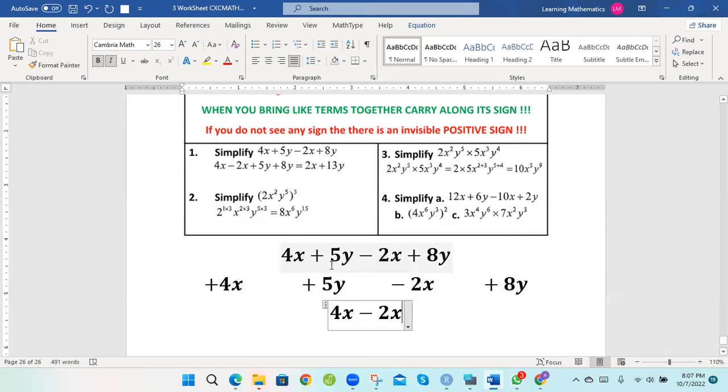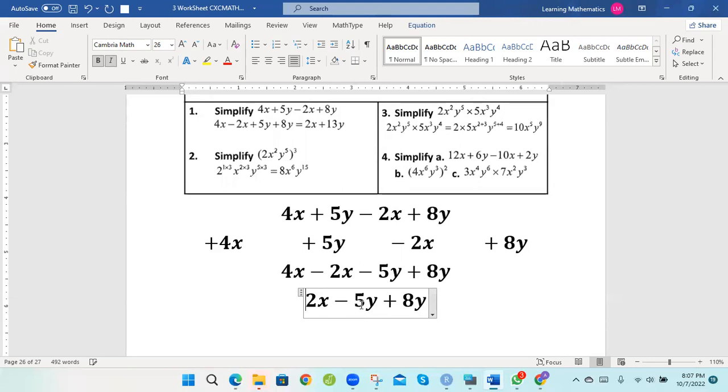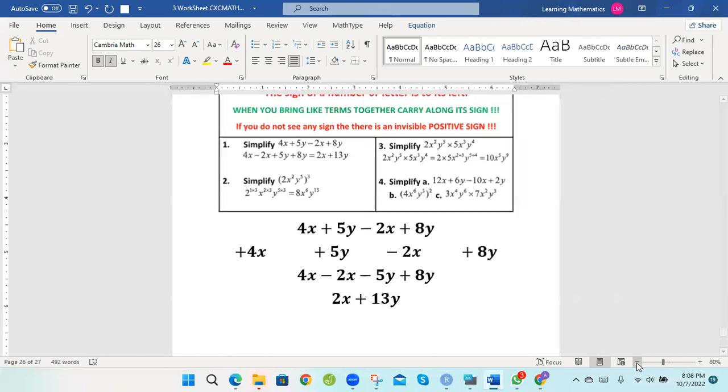We have a plus 5y and a plus 8y. Now we can subtract 2 from 4. We're going to get 2x. And 5 and 8 is 13. 13y. So here's an example of simplifying an expression.